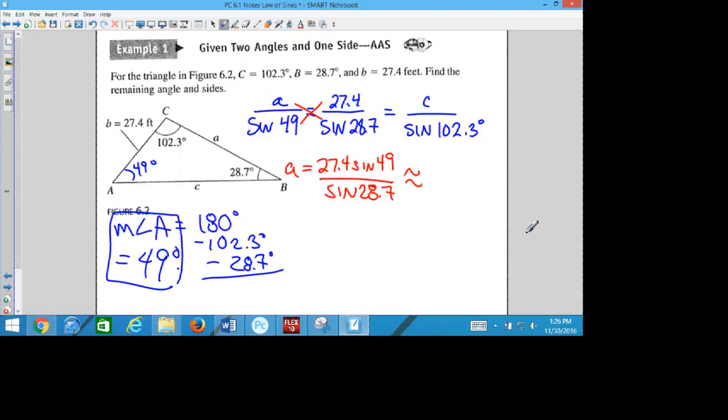Actively participate. I'll put the answer up so you can check and make sure you're doing it right. So if you've typed it in correctly, you should get approximately 43.06 feet for side A.